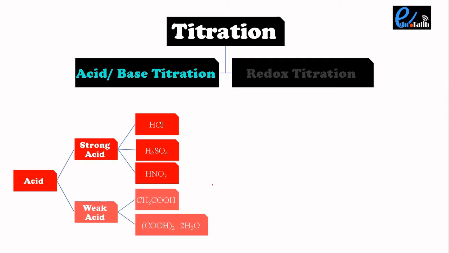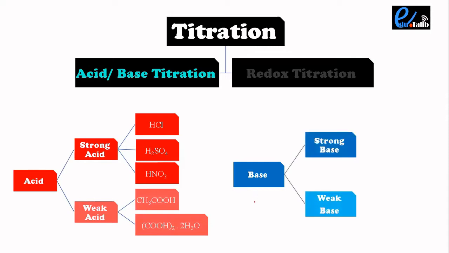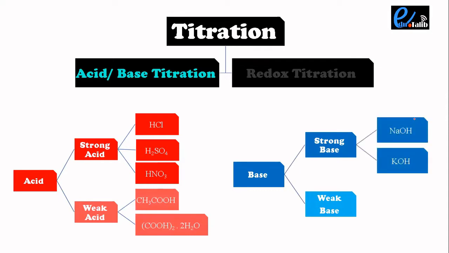In the same way, the base is also categorized in terms of strength: the strong base and the weak base. The general examples of the strong base are sodium hydroxide, that is NaOH, and the second one is KOH, potassium hydroxide.